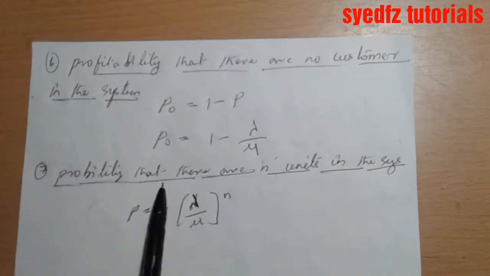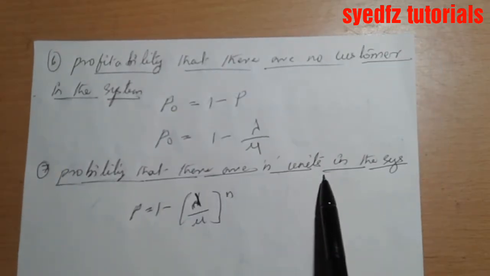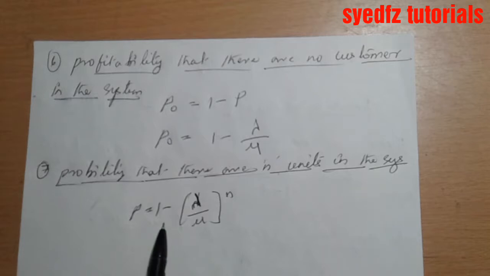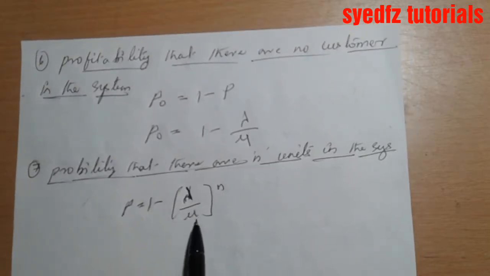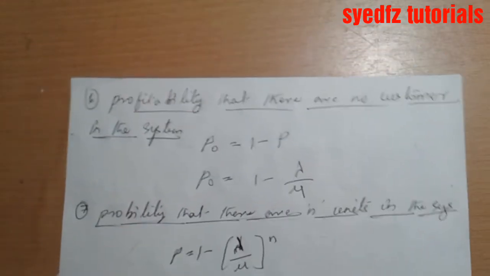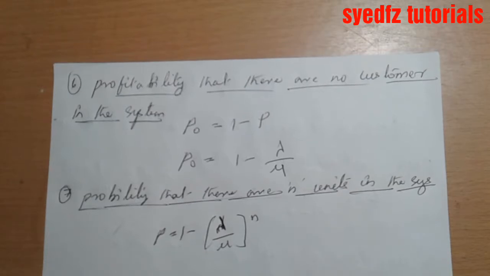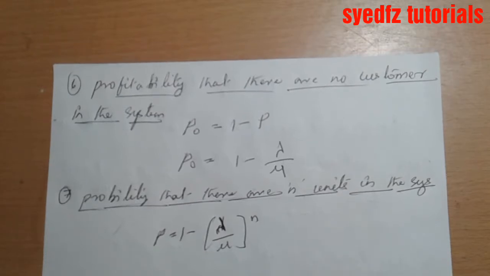And the probability that there are n units, meaning number of persons, in the system: Pn is equal to 1 minus lambda divided by mu, times lambda divided by mu to the power of n. These are the formulas which we have to use according to the questions. First, let's see a question.